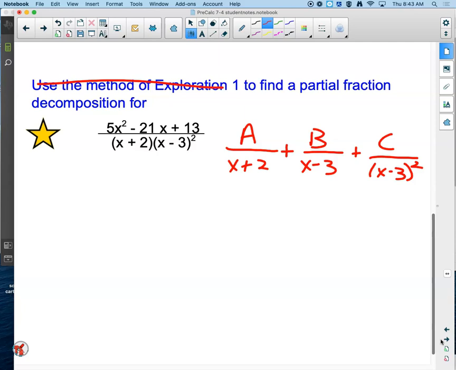There we go. Now think forwards. What is the A going to need? X minus 3, the quantity squared. What's the B need? Another x minus 3 and an x plus 2. What does the C need?